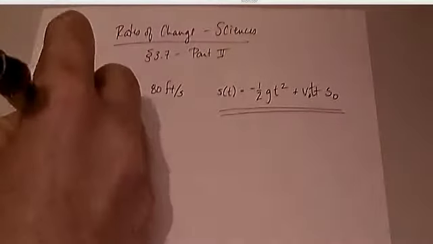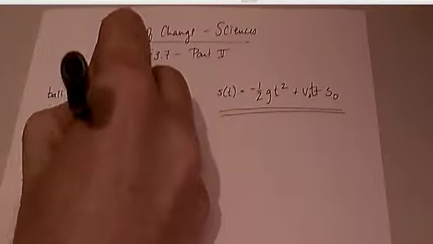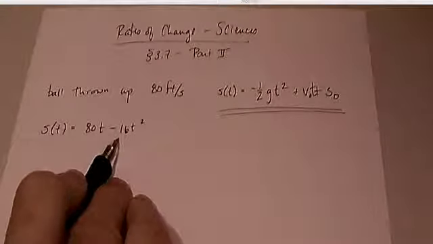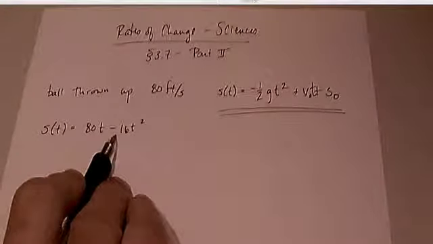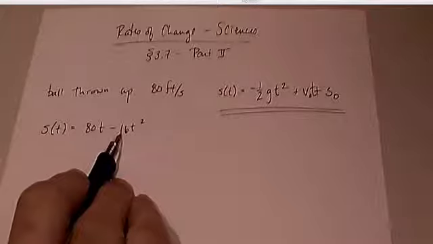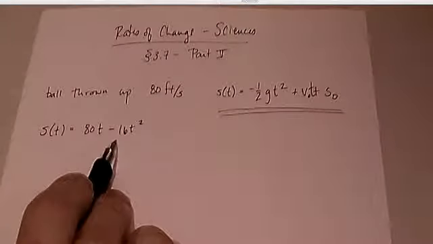They gave you the model in this particular one as 80t minus 16t squared, because it's feet, and the acceleration of gravity in feet is 32 feet per second squared, and therefore 32 times -1/2 gives you your -16.